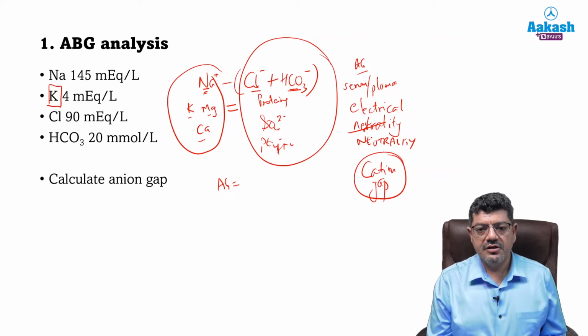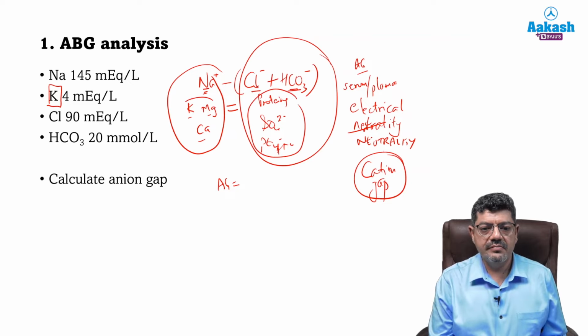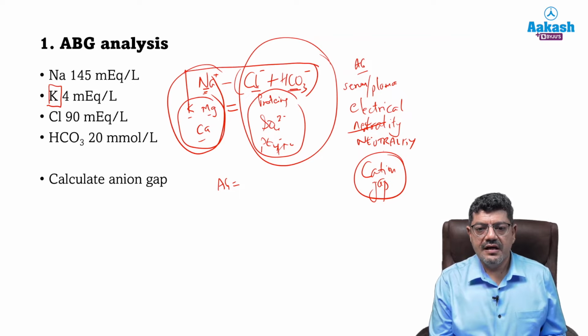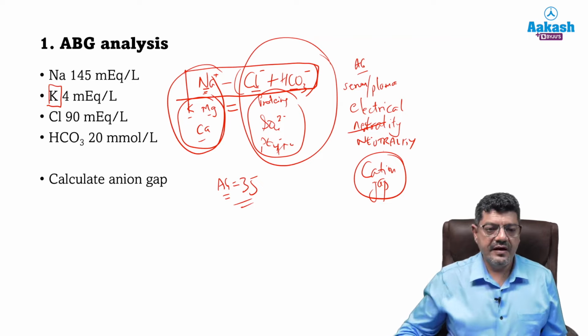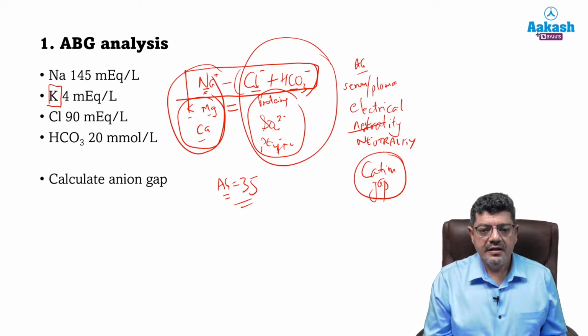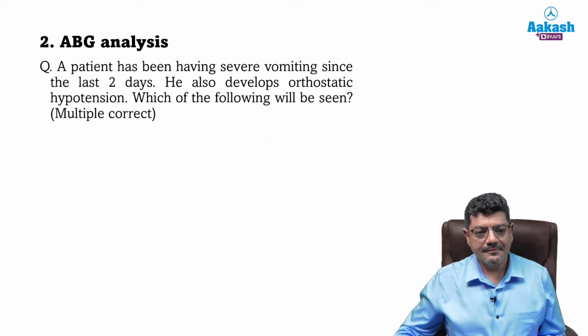But because unmeasured anions are more than the unmeasured cations, you get this difference as a positive value, and this is called an anion gap, right? So obviously this is very simple mathematics, class 4 mathematics. It's 35, and fortunately in the exam, even if you included potassium as one of the components, that choice wasn't there, right? Moving on.